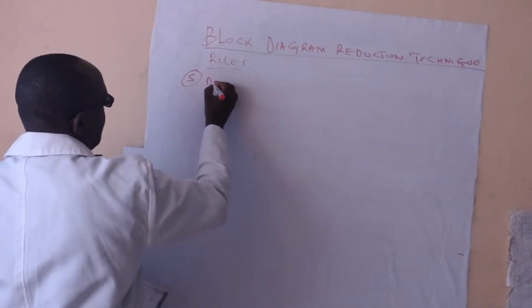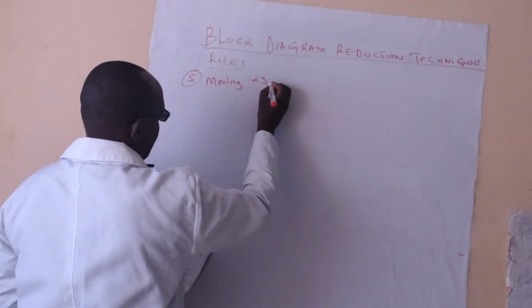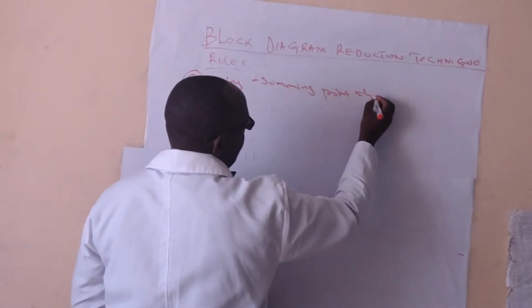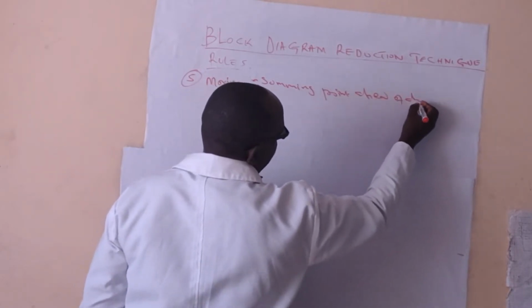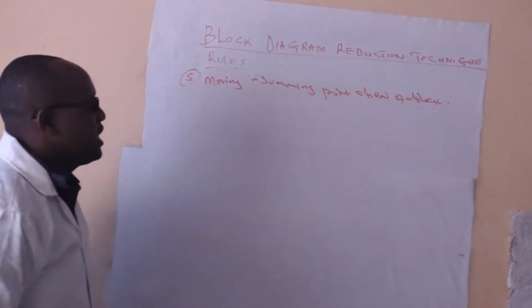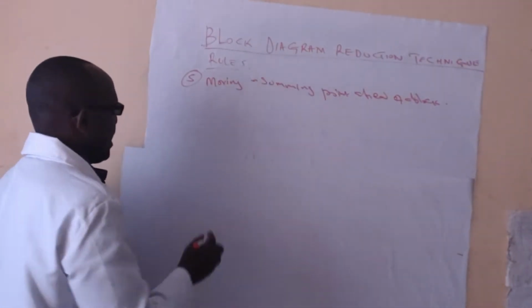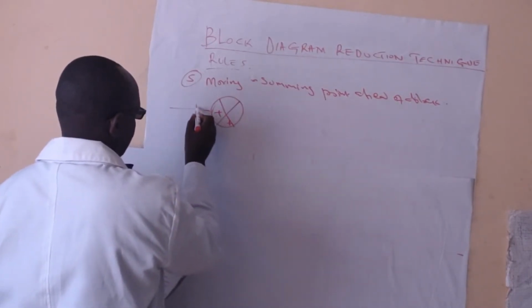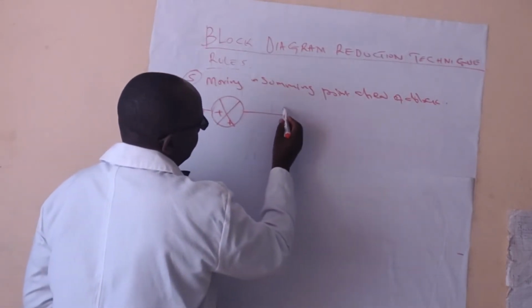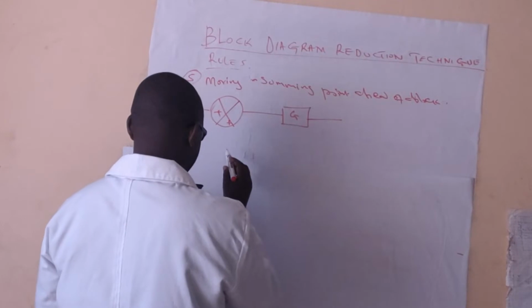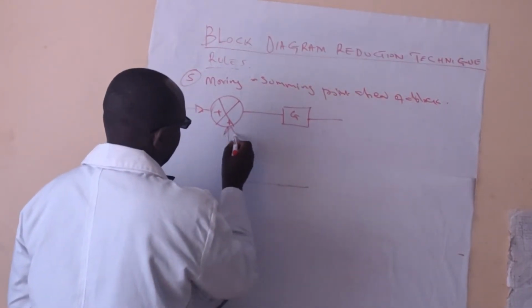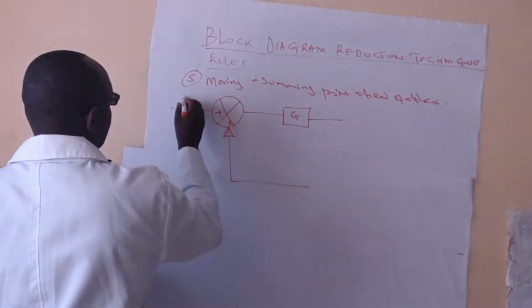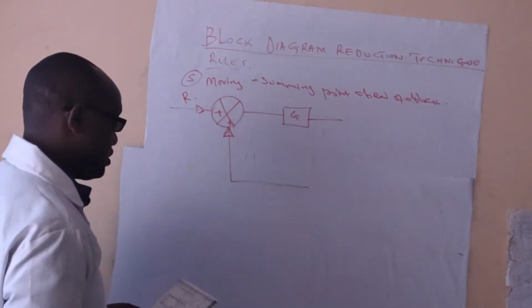Rule number five is moving a summing point ahead of a block. You can have this one. The input.